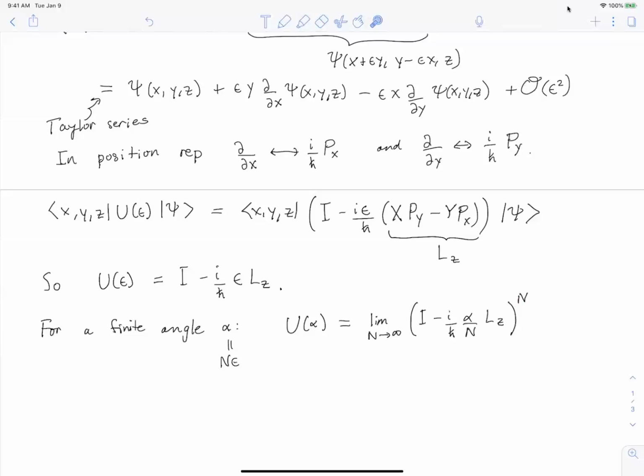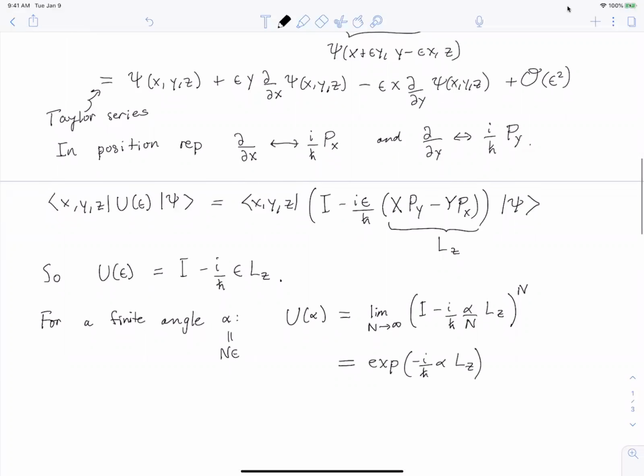Okay, and then this is the very definition, if you go back to when you first learned about exponentials, hopefully they taught it to you as this limit. This is the exponential of minus i over h bar alpha times L sub z.